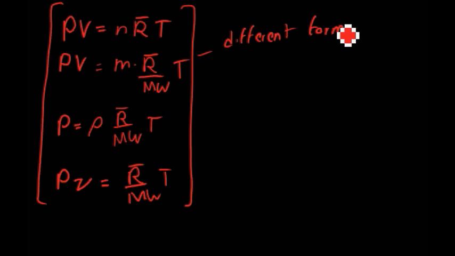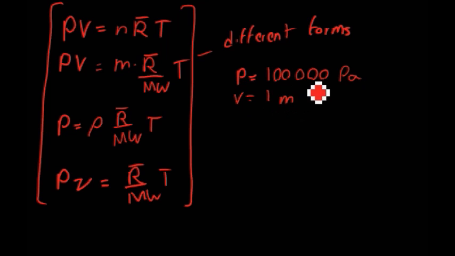Okay, and this ends up being very useful. So how do you use this equation? It's pretty simple. Say I give you pressure is equal to 100,000 pascals, and your volume equals 1 meter cubed. I'm picking very simple terms.